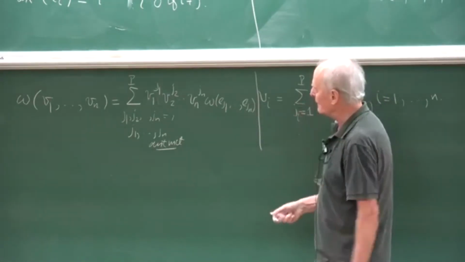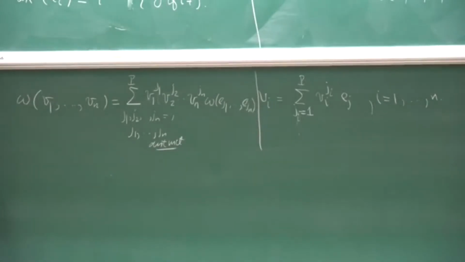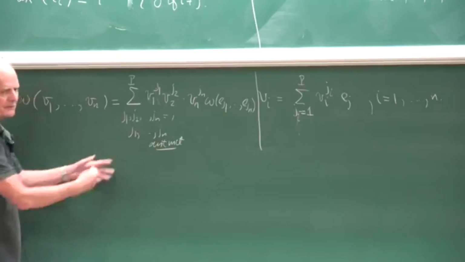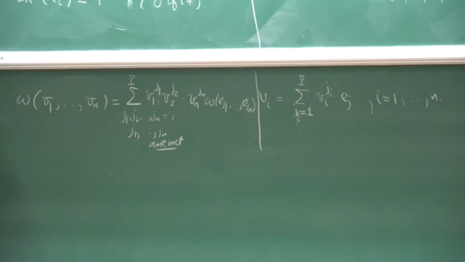Well, one nice way to sum it is to first select indices which are ordered. Of course, these indices are not ordered. We've got to sum over all possible indices, regardless of which one is bigger than the other. But just take, for argument's sake, some ordered indices to begin with, j1 up to jn.